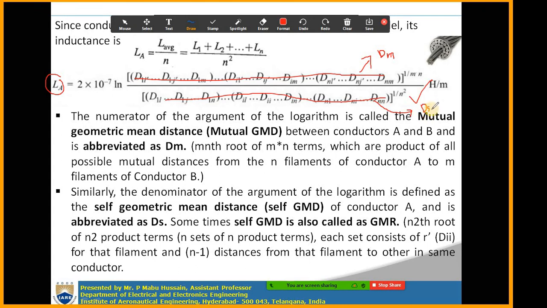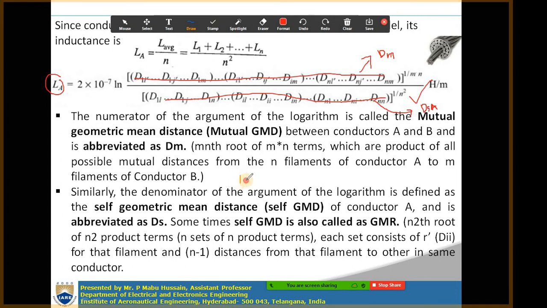So, ds of conductor A, that is dSA. Okay. In place of this total term you can write dm, in place of this total term you can write dSA. So, suppose you write for conductor B, the inductance LB is equal to 2 into 10 power minus 7 ln dm by dSB, where the mutual GMD dm will be the same.